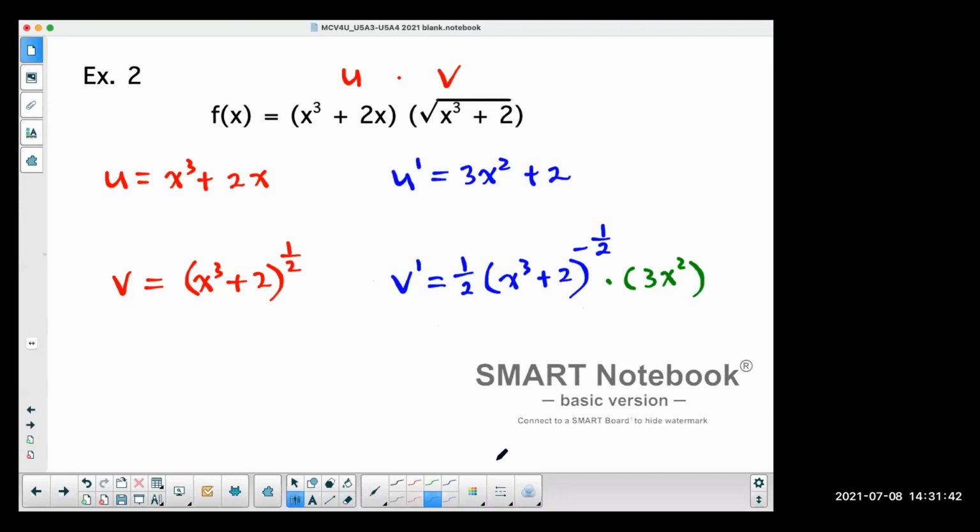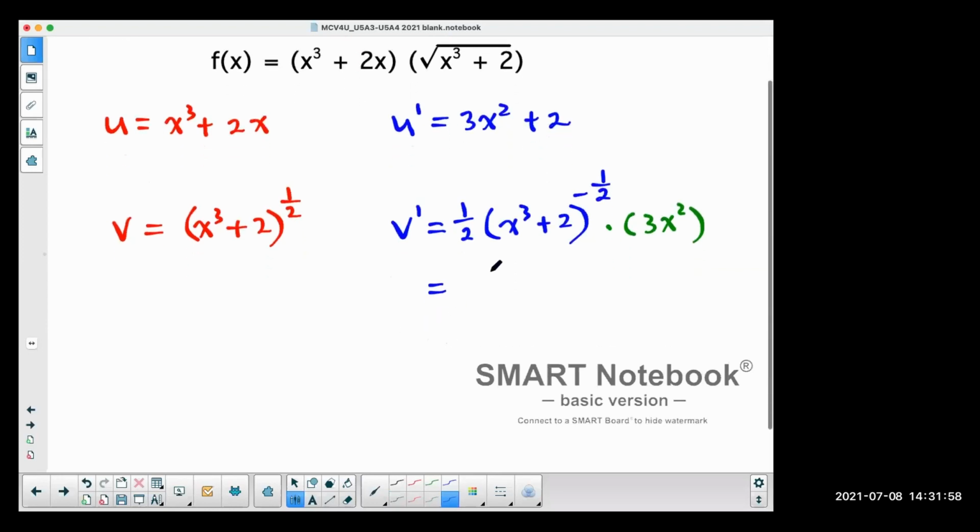Now that you're more comfortable with it, the derivative of what's inside the bracket is just 3x squared plus 0. So if I want to make it look nice with no negative exponents, this is going to be 3x squared over 2 times the square root of x cubed plus 2.